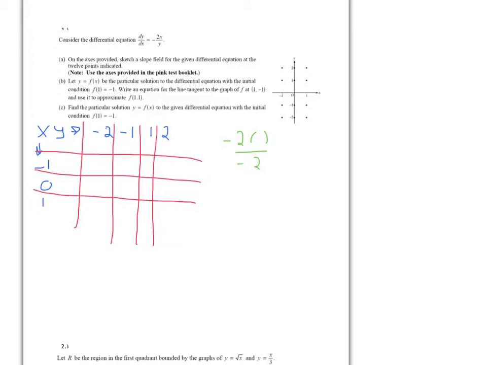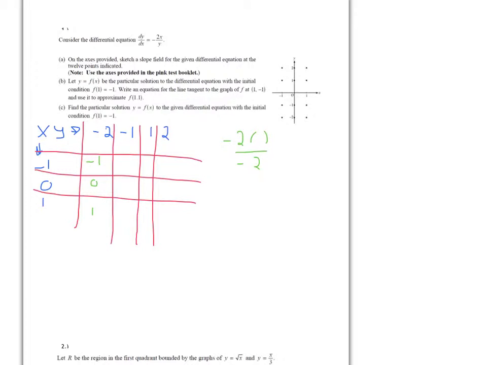Now if my x value is -1, let's say, then I would have +2 over -2, which would be -1. If I plug in 0 for x, I'm going to get -2 times 0. And if I plug in 1 for x, I'll have -2 over -2, which is a +1.